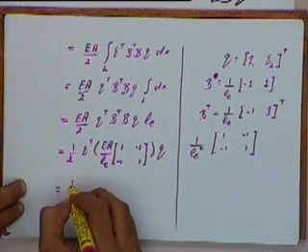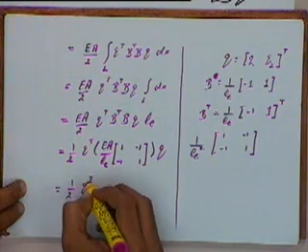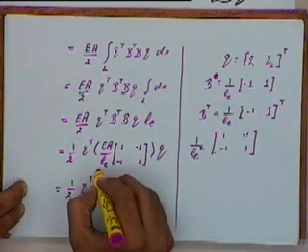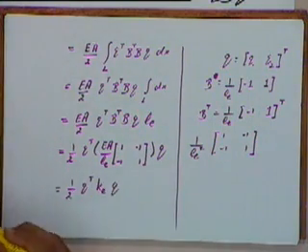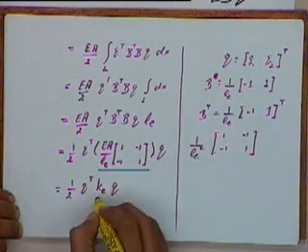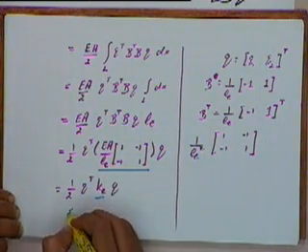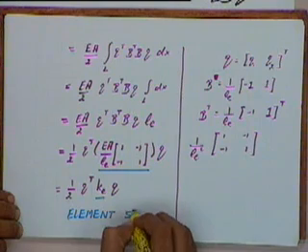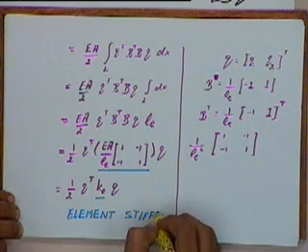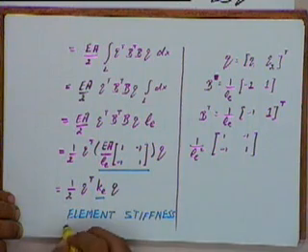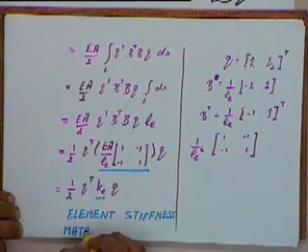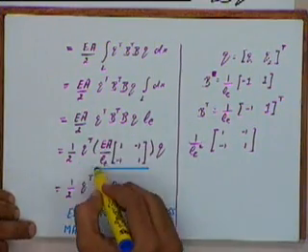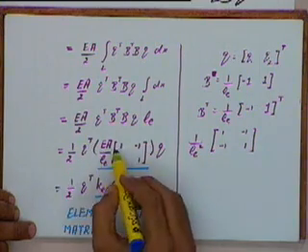So this I will say is half of Q transpose KE multiplied by Q. This matrix is what we will call the KE matrix, or the element stiffness matrix, which is EA by LE multiplied by 1 minus 1 minus 1 1.